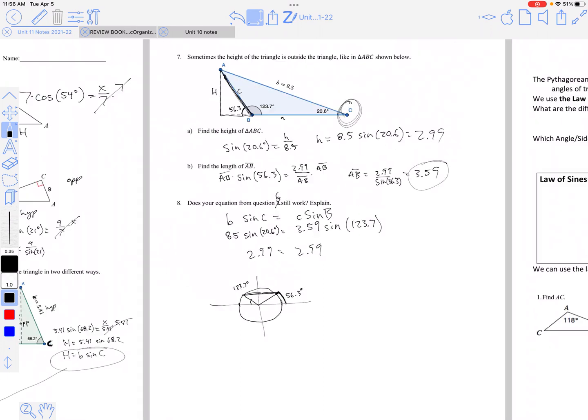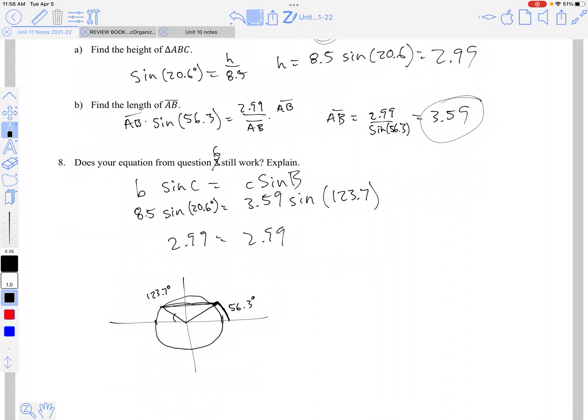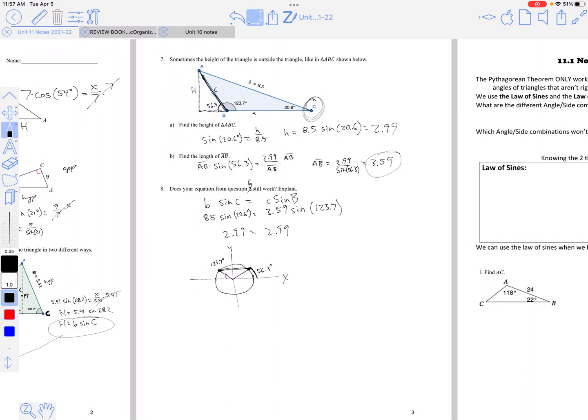Just noticing that we used 56.3 there to help us come up with the law of sines. But notice that they would have the exact same y value. Here's the y-axis, here's the x-axis. So the reference angle will help us still calculate that correctly.